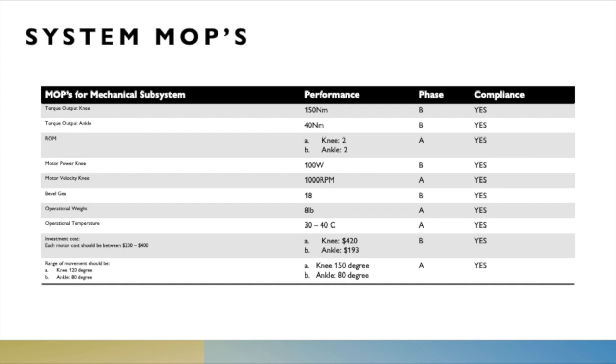Sorry for the error. Range of movement should be, as mentioned previously, 150 degrees for the knee and 80 degrees for the ankle. Every MOP is completed and is in compliance with what was stipulated, as shown previously.